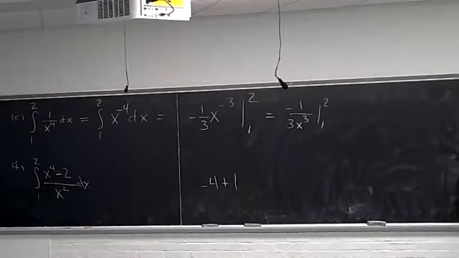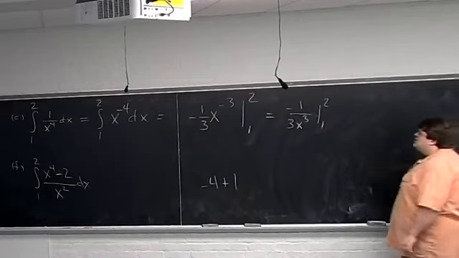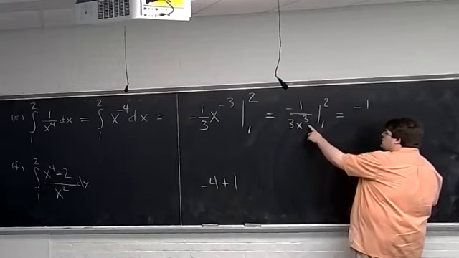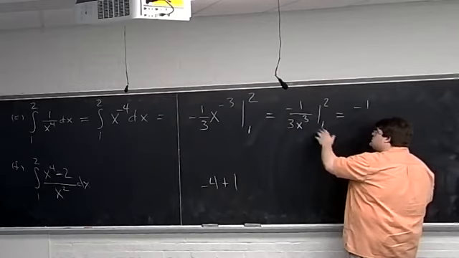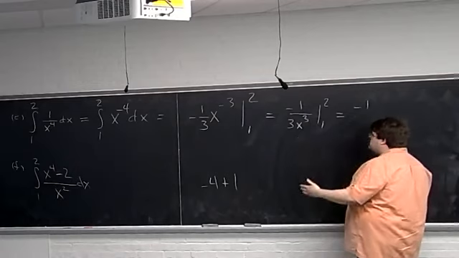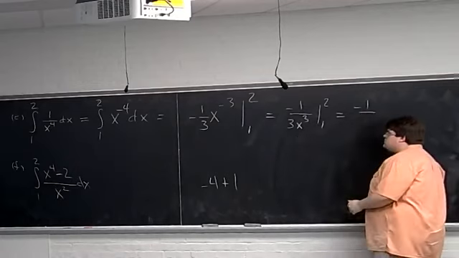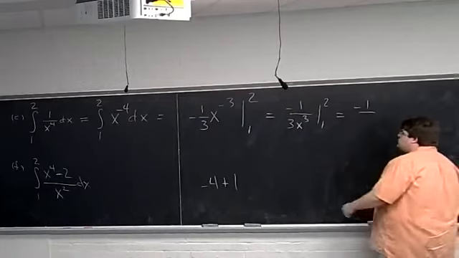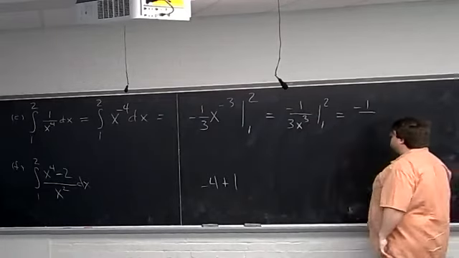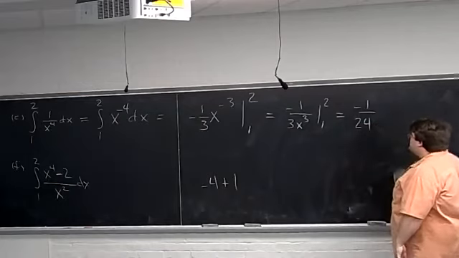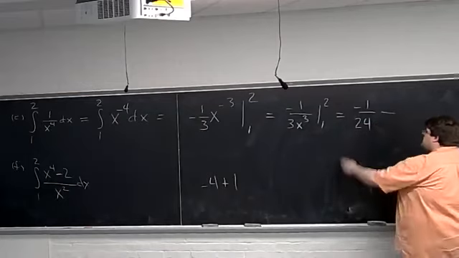So what do we get here? Well, evaluate at 2. 2 cubed is 8. I must have been looking at one of these other ones when I said 2 cubed is 1. 2 cubed is 8. 8 times 3, 24. And that negative carries along. Minus what we get when we evaluate at 1.